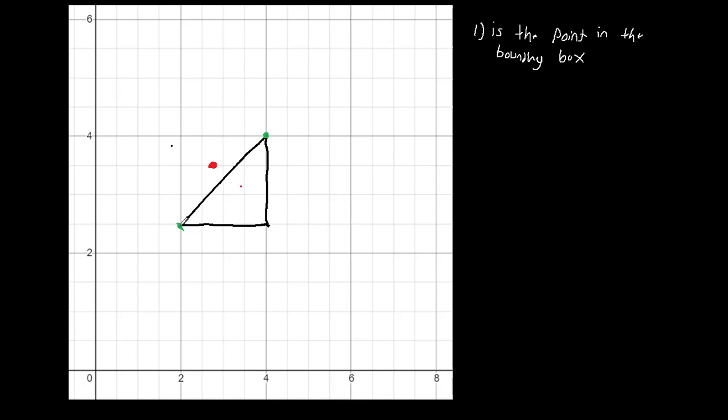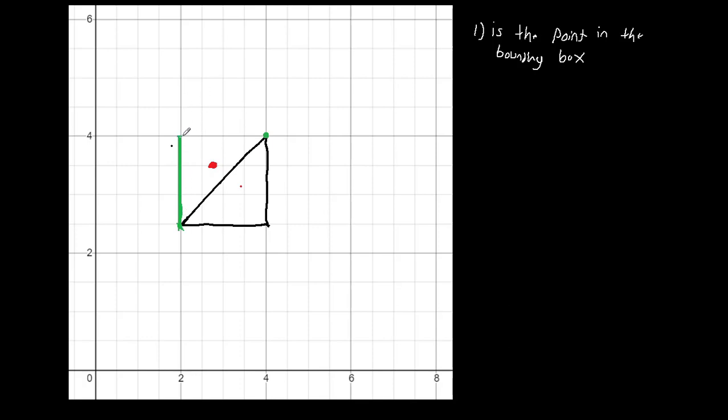If we were to draw a vertical line up from our y min to our y max along our x min, that's what this green line right here represents. This is the x min vertical line.